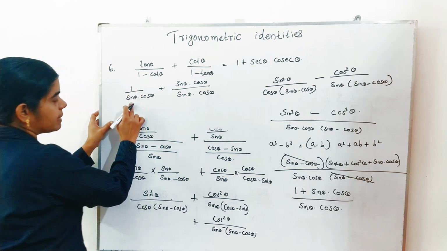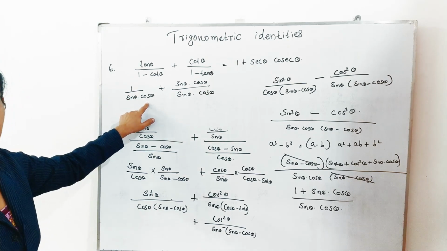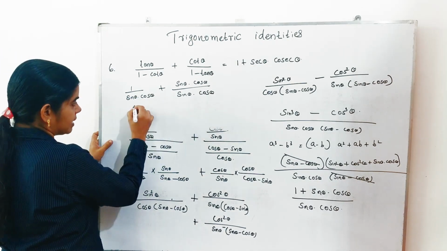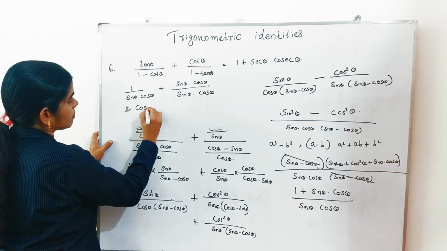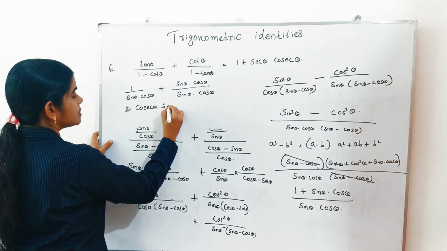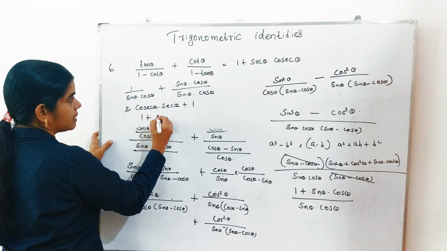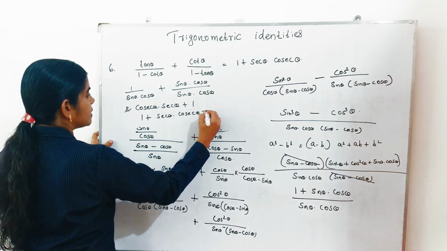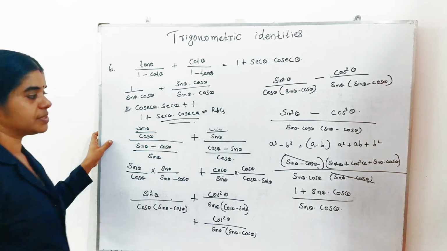Thus you can write 1 by sin theta means cosec theta. 1 by cos theta means sec theta. Cosec theta into sec theta. This will be 1, or you can write 1 plus sec theta into cosec theta, that is equal to our RHS. We reached our result.